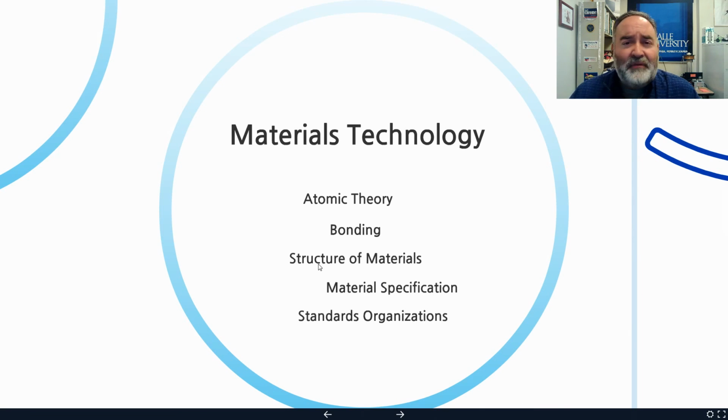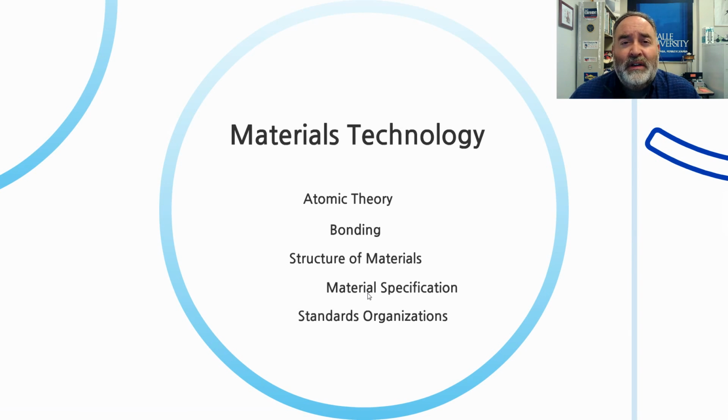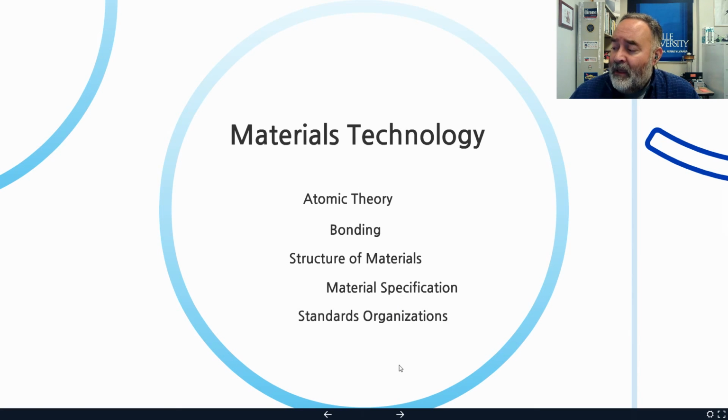We'll be talking about the different structures and the different material specifications, as in what types of materials you would use if you were to specify a brand new product. So if you were going to design a new phone or a new iPhone, if you're at Apple, you can specify what types of materials and what their properties should be. So again, that's sort of going to sum up our first module for our first exam.